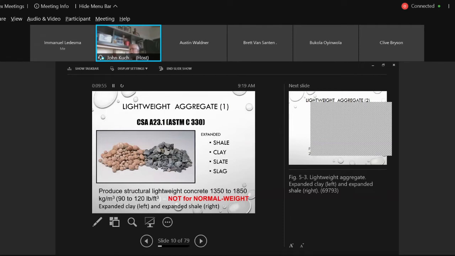Again, lightweight aggregates. You may use concrete that you may want more as a fire retardant, maybe on a roof. You don't need any structural capacity to it. So you can design lightweight concrete with lightweight aggregates. These aggregates you do not want in normal weight concrete because they're not for structural.